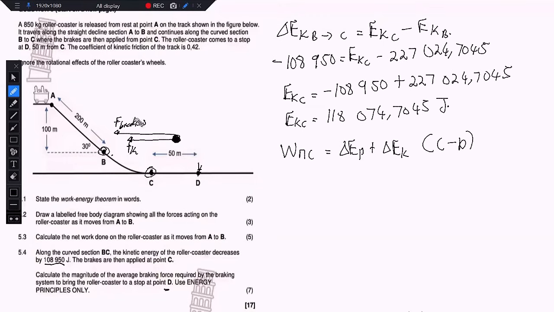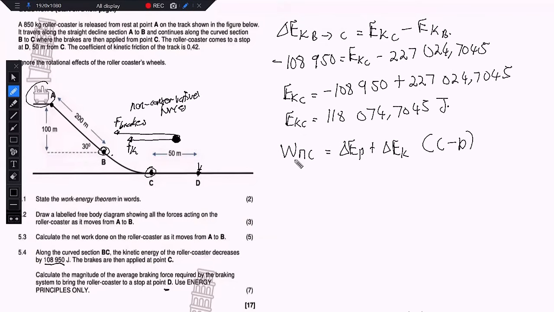The work done by FK and the work done by the force of the brakes are both non-conservative forces. Note that the force of the brakes is similar to the force being applied in order to oppose the direction of the moving object, the roller coaster.